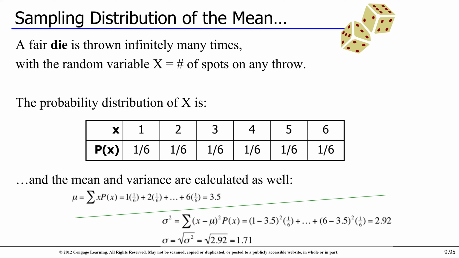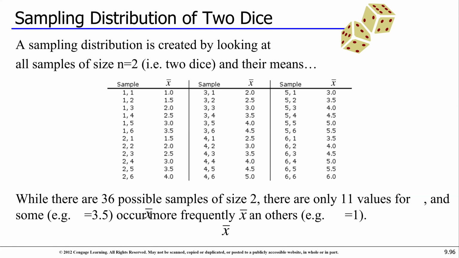If I were to add another die to this, so we have 2 dice now, the sample mean is going to change. So if you look at this table, you'll see where it says sample. If your first outcome is a 1 and a 1, the average of that is 1.0. And as you go down, you'll see that your average changes, right? So all the different outcomes that you could possibly have.